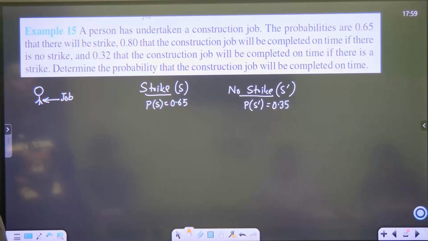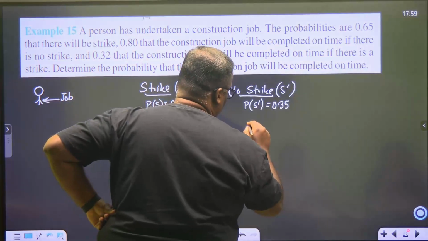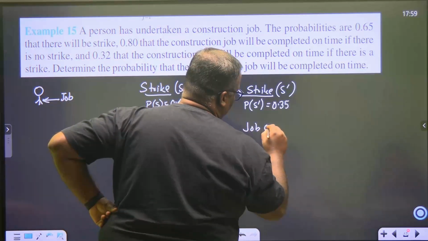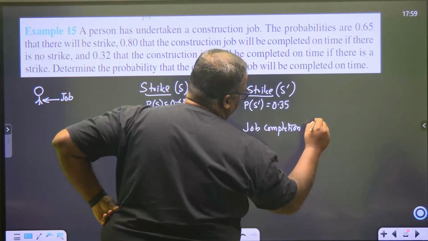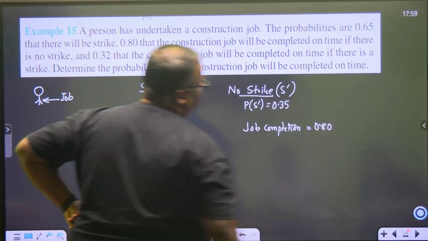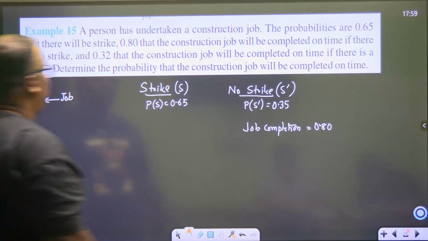Okay, now a person has undertaken a construction job. The probabilities are 0.65 that there will be a strike, 0.80 that the construction will be completed on time if there is no strike, and 0.32 if there is a strike.